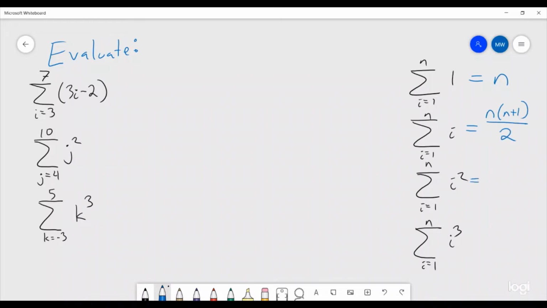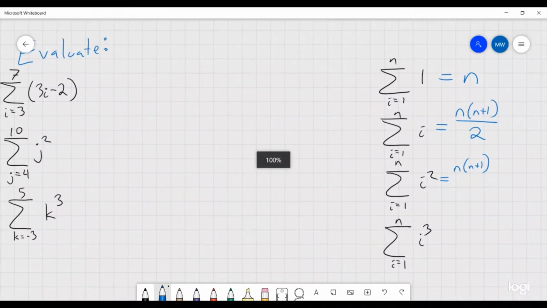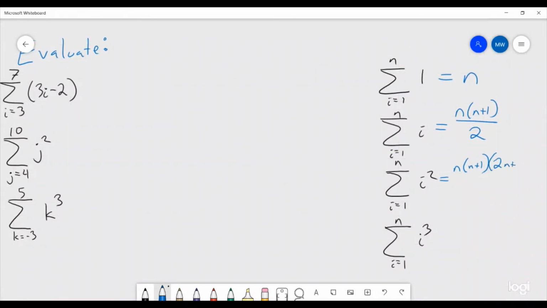Sum of i squared, n times (n plus 1) times (2n plus 1) divided by 6, and then i cubed, (n times (n plus 1) over 2) squared. So there you go. Those are the 4 sums that I highly recommend you just memorize.